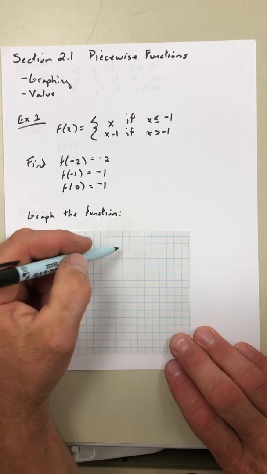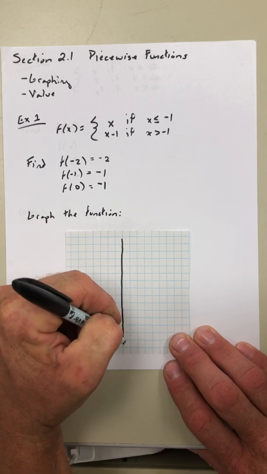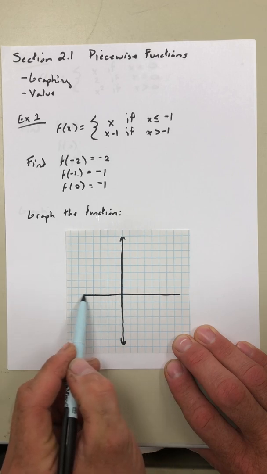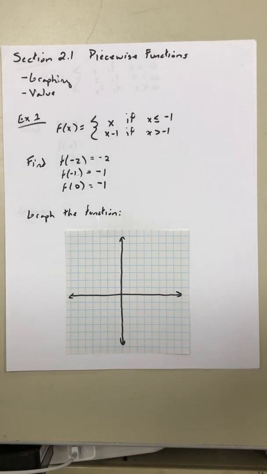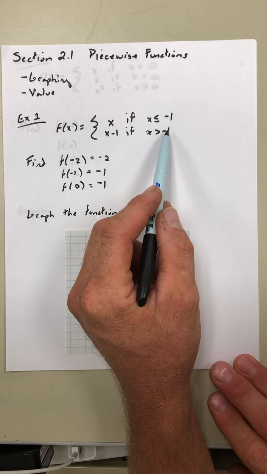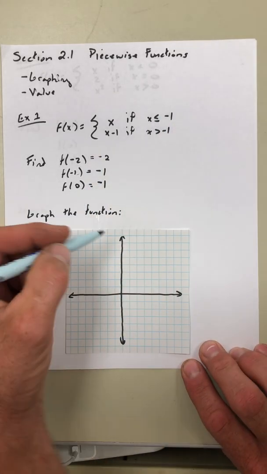To graph it, some of you are going to be able to see this pretty quickly, and you're going to be able to graph right off the bat, no problems. Others of you are going to struggle a little bit. So hopefully this will make a little bit of sense and maybe a few less struggles. So we're going to look at the restrictions that we're given. We're given that restricting x at -1.